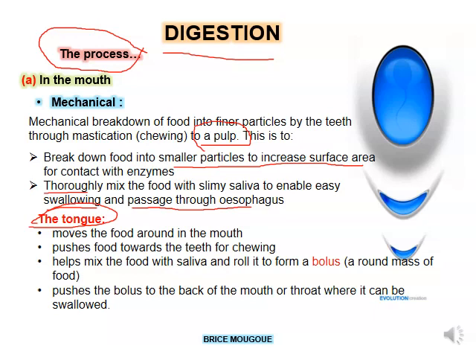And the tongue also will then help with saliva to roll the food to form what we call a bolus, which is a mass of food, a round mass of food, like a little ball. That's why we call it a bolus. And it is this bolus, again, which will be pushed by the tongue to the back of the mouth or the throat into the pharynx, where it can then be swallowed.